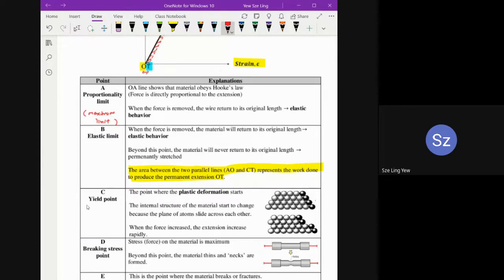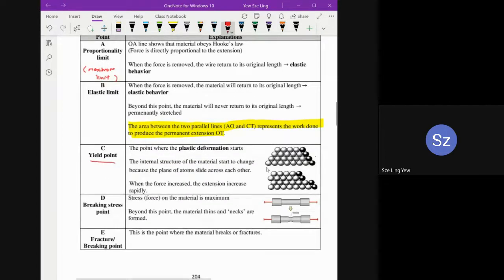But when it passes the U point, as you can see in the diagram, the atoms slide and move their positions. When the force increases, the extension increases rapidly because now you have already changed the shape of the object.